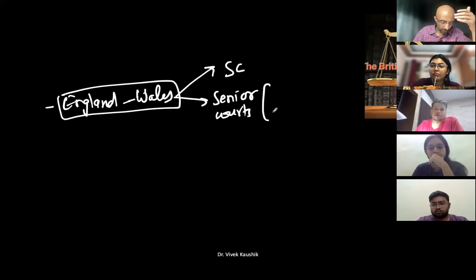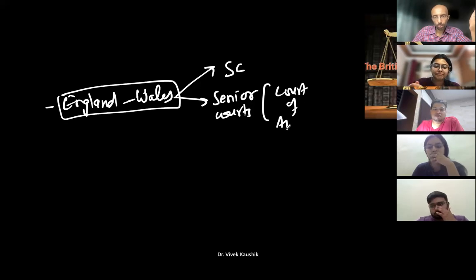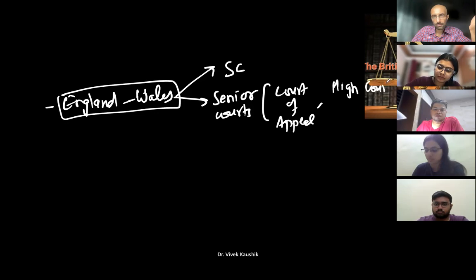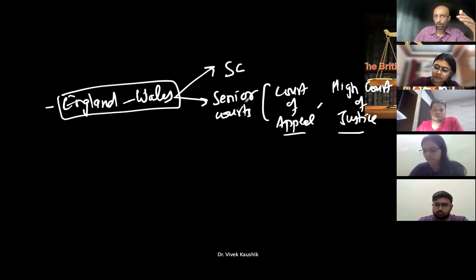For example, the Court of Appeal, then the High Court of Justice, and then the Crown Court. So these three types of courts are the second level of courts, and they are called senior courts. And then at the bottom, we have the third type of courts, which are called subordinate judiciary.